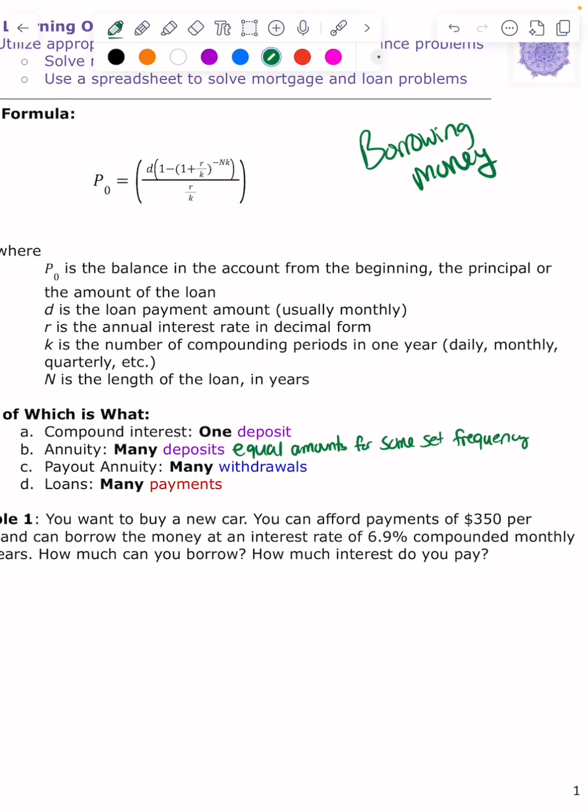A payout annuity is many withdrawals, and loans are many payments. So that's kind of a way to keep track of some of the different things that we've done.